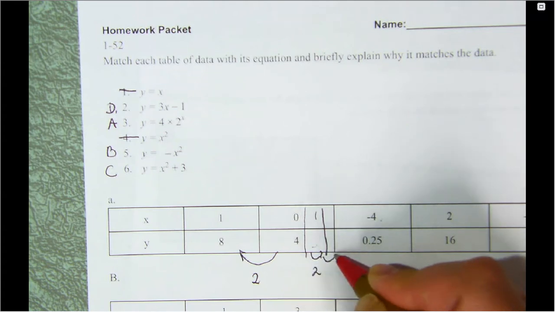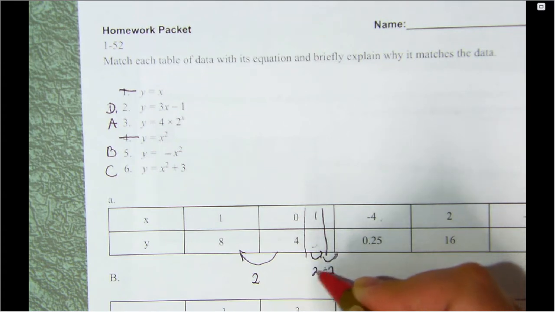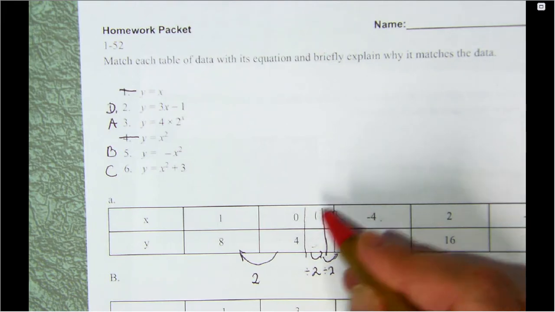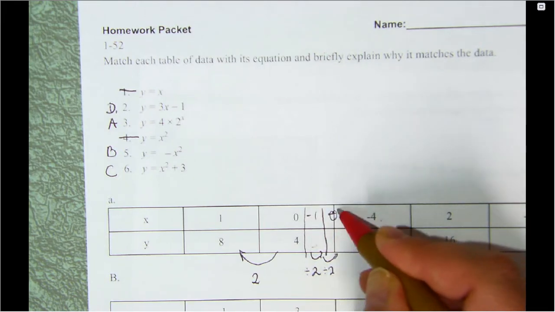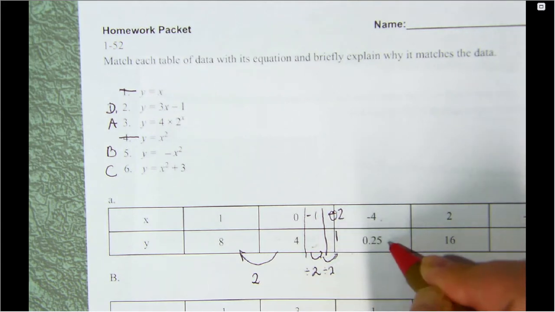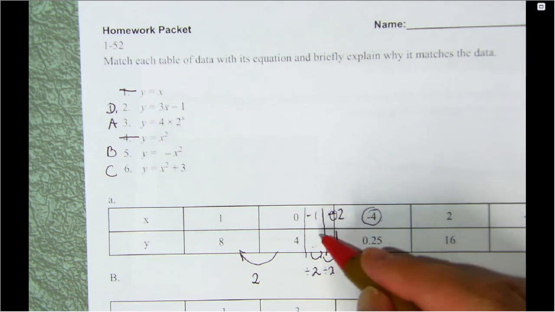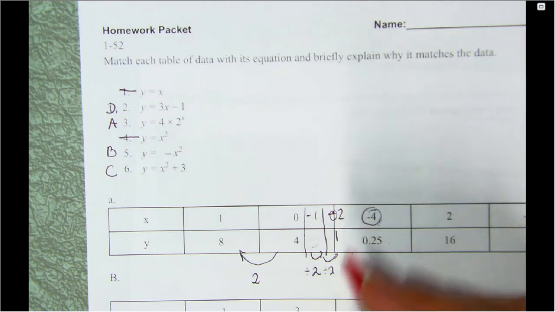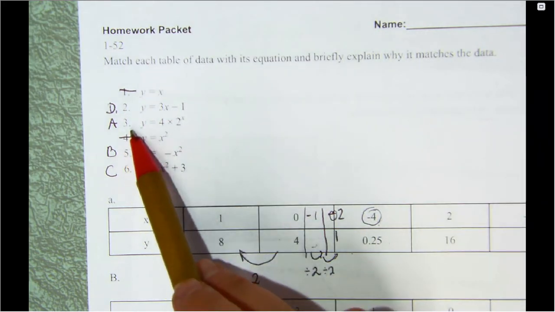Then divided by 2 again, that is 1 for negative 2. And then divided again will be half, and divided to get to negative 4, that will be 0.25. So you have to divide by 2 4 times to get to this one. So that is matching my equation 3.